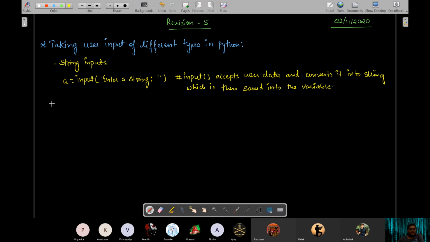Okay. Second, so this was pretty simple. Now, accepting integer inputs.